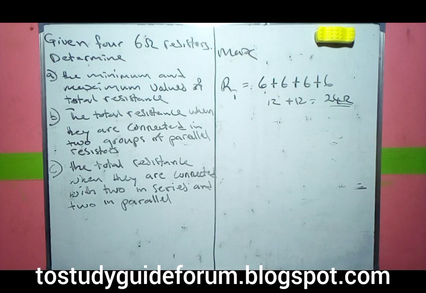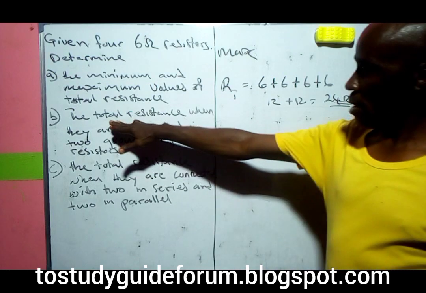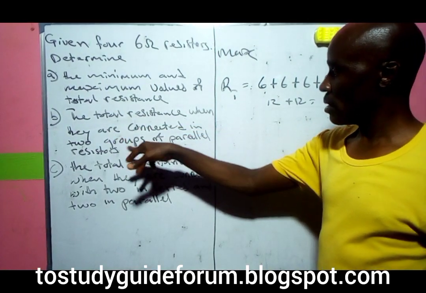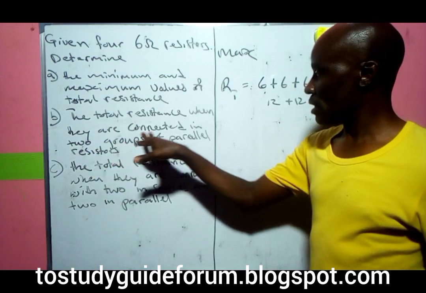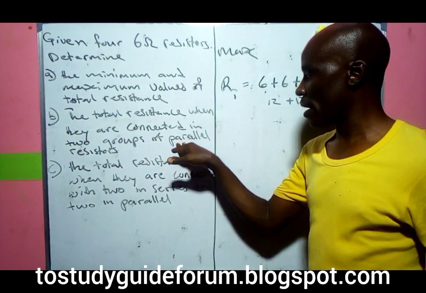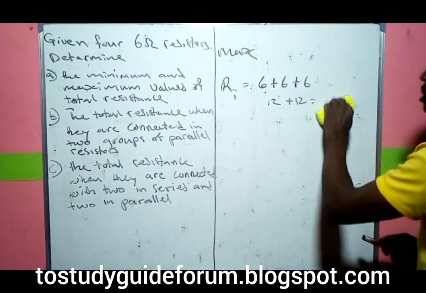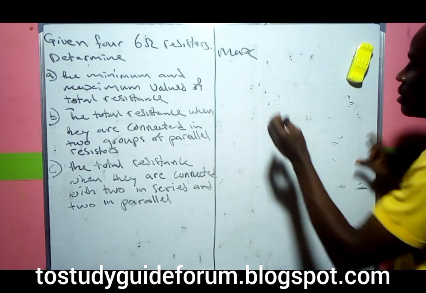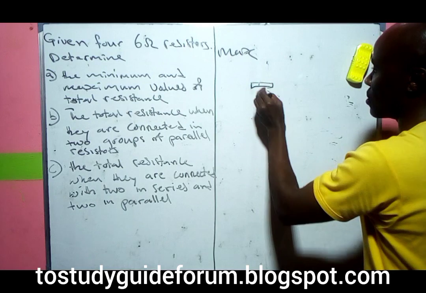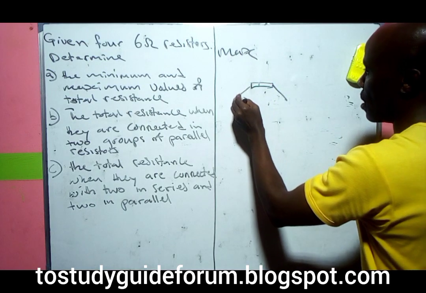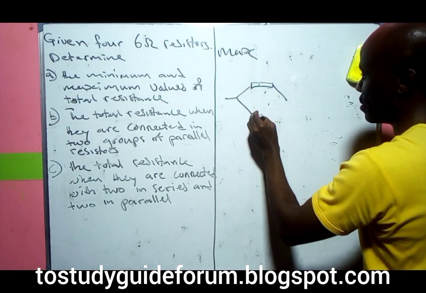The next one is to calculate the total resistance when connected in two groups of parallel resistors. That means two groups of parallel resistors, which should look like this.